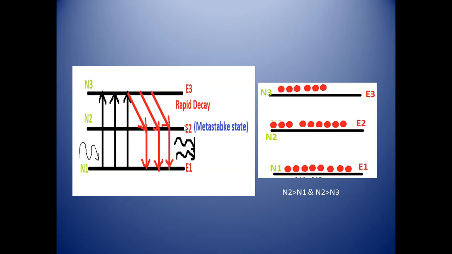That means atoms are more in number in this excited state compared with the higher excited state or the ground state. Then we say that population inversion is achieved between E2 and E1. That is, if you have a particular energy state with more number of atoms compared with the other two energy states, then we say that population inversion is achieved.